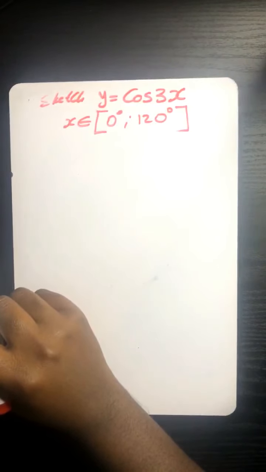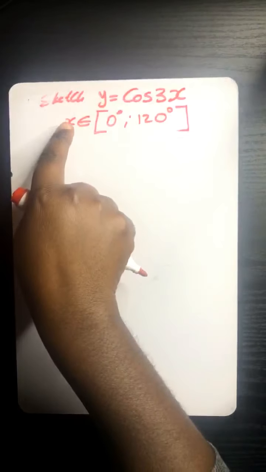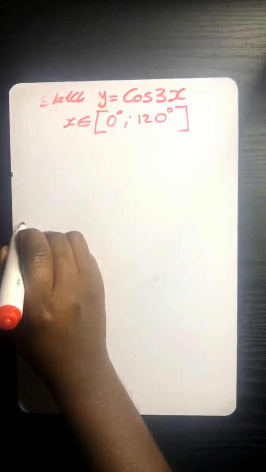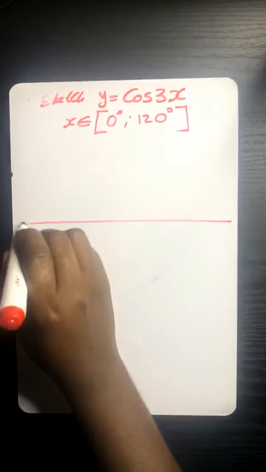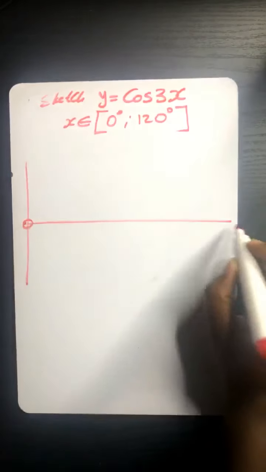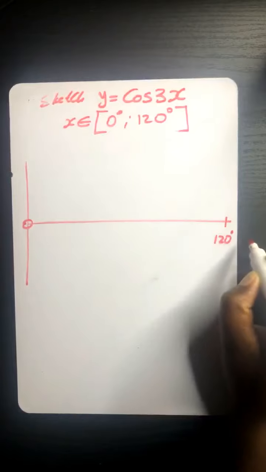Let's say for you to determine the critical values, you completely don't focus on that. So this one simply tells you that on your horizontal axis, you must start from 0 and then end at 120 degrees.